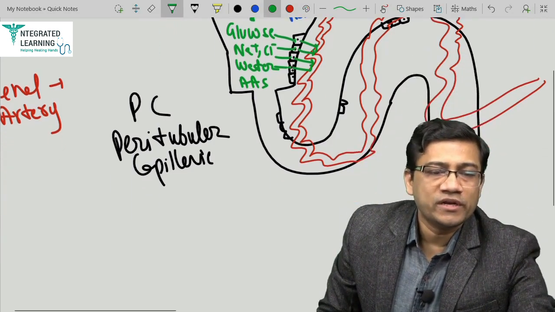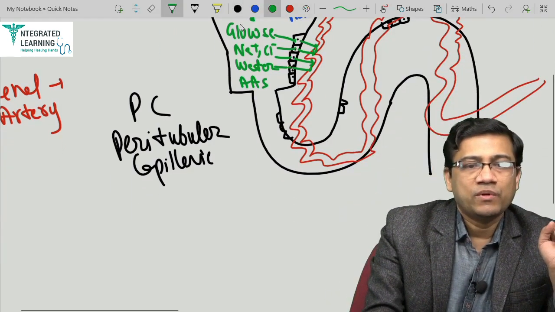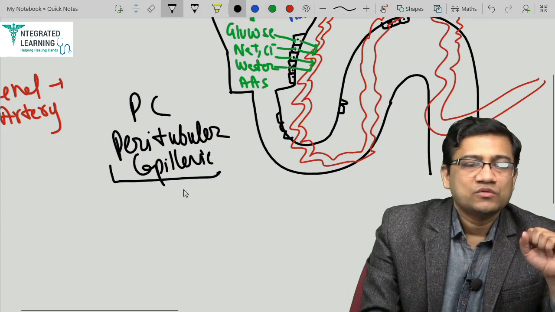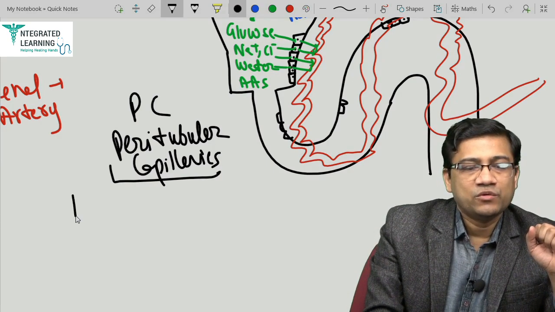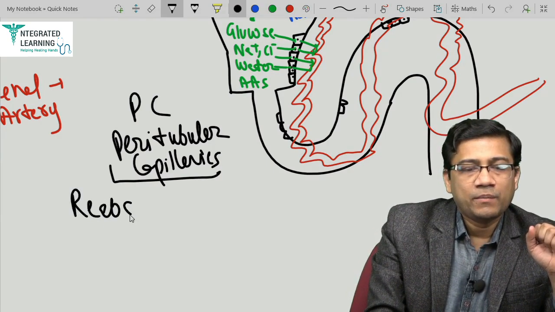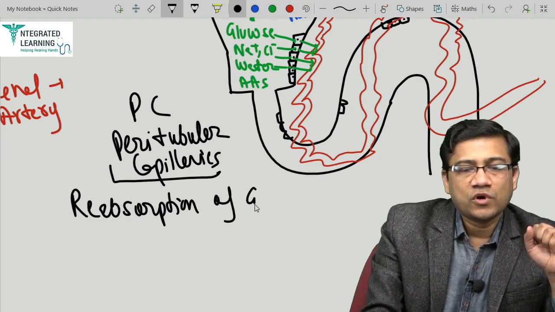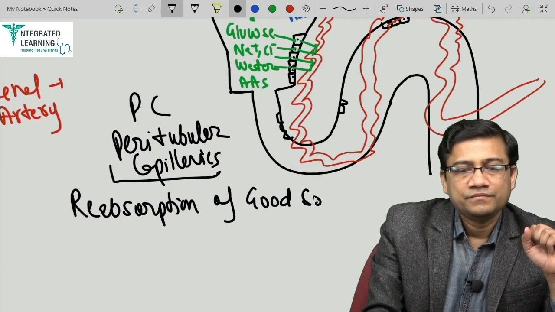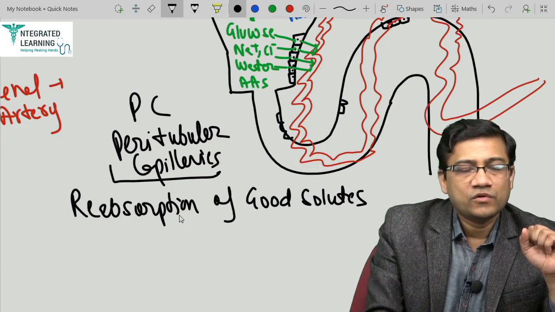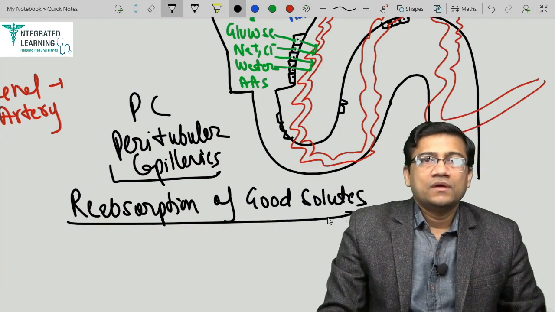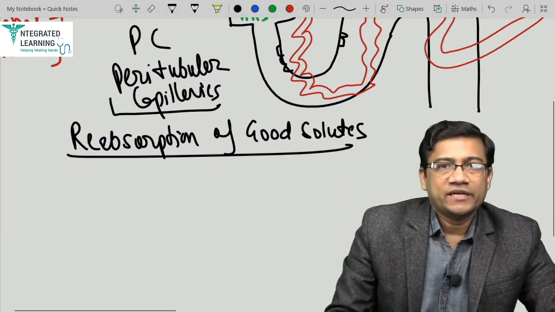And who will do the reabsorption? Peritubular capillary cells. So the function they will do, first they do reabsorption of good solutes, okay. What is the direction?